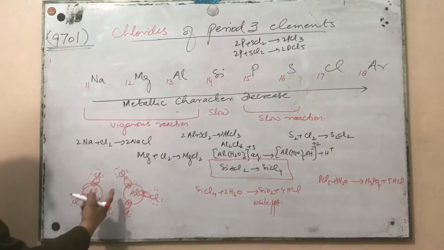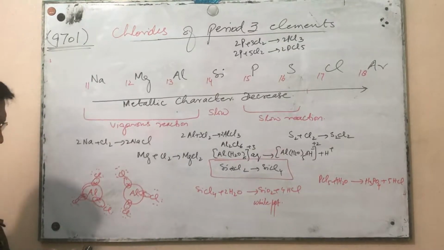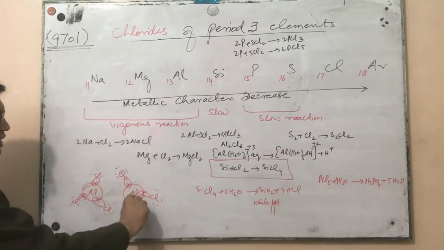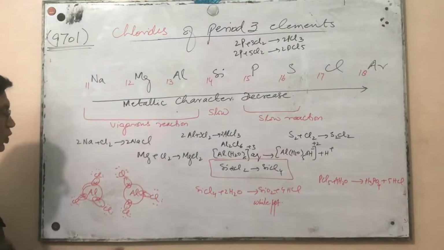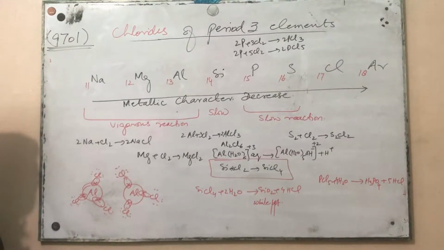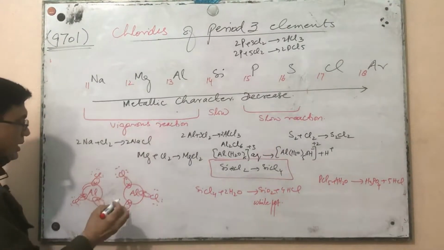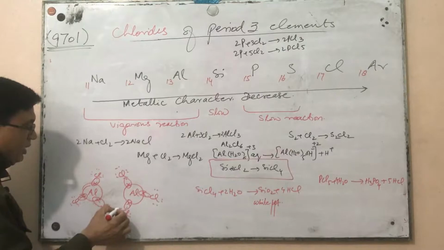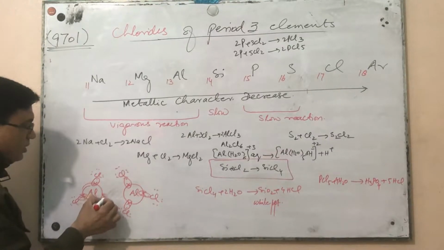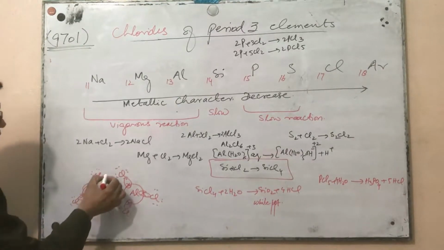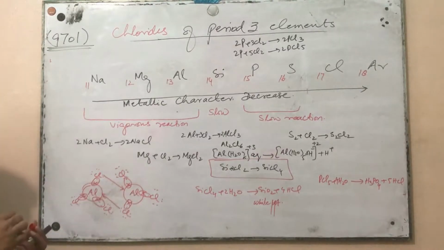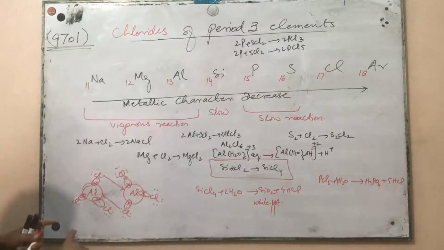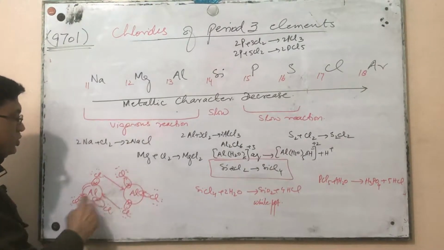But what happens? In the form of AlCl3, the last shell of aluminium is electron pair deficient, so it can act as an acceptor. That's why this chlorine can donate a pair of electrons to this aluminium, and this chlorine can donate a pair of electrons to this aluminium atom, so that their last shell is completed.